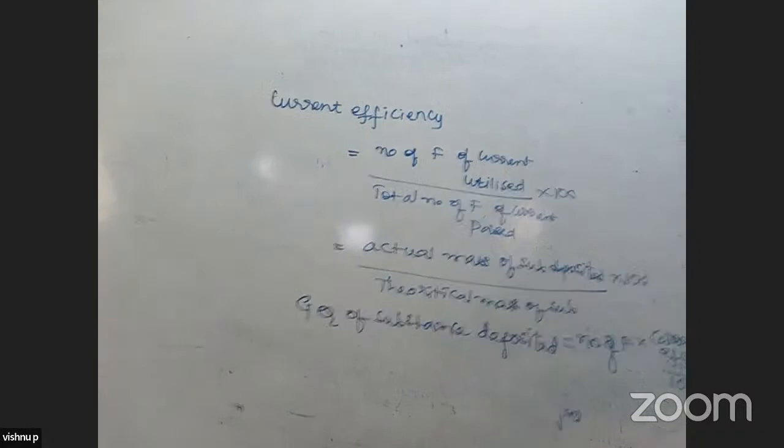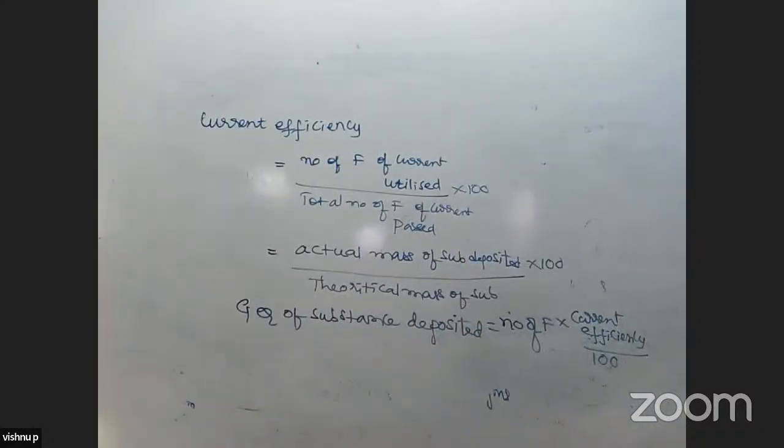So this is the information related to current efficiency. So what is this current efficiency? It depends on how much current is passed and how much current is utilized in a reaction. That is the current efficiency.